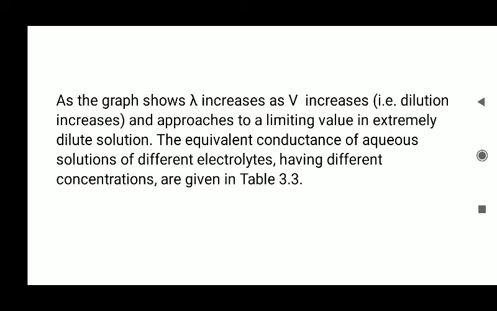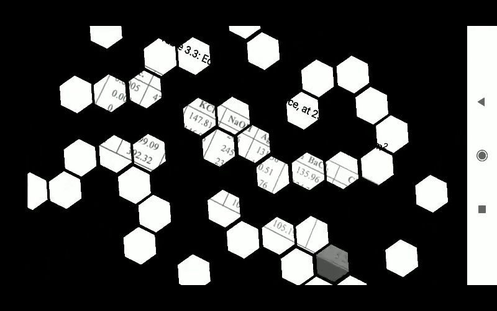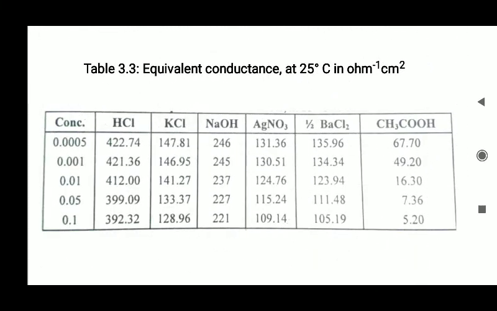As the graph shows, lambda increases as V increases, that means dilution increases, and approaches a limiting value in extremely dilute solution. The equivalent conductances of aqueous solutions of different electrolytes having different concentrations are tabulated in the table. These are the equivalent conductances of different electrolytes at 25 degrees C in per ohm centimeter square.